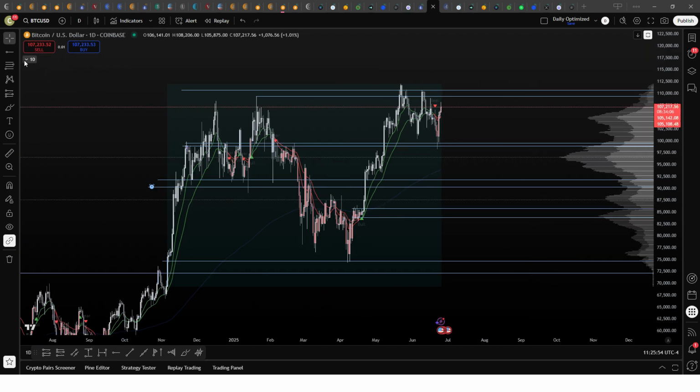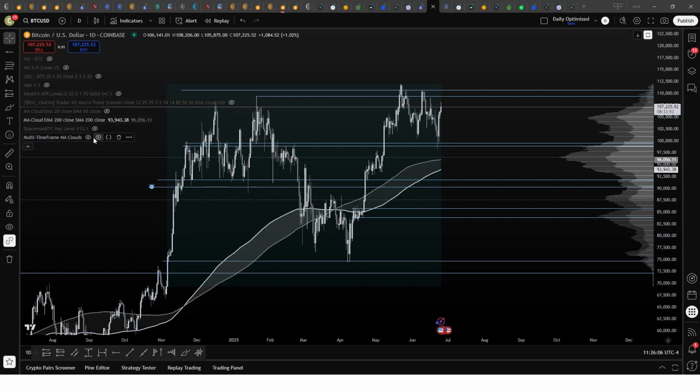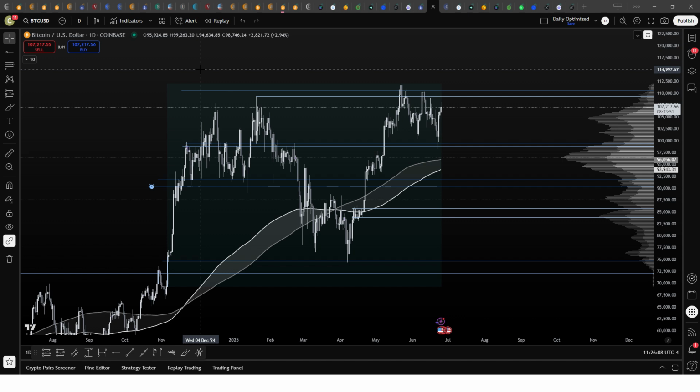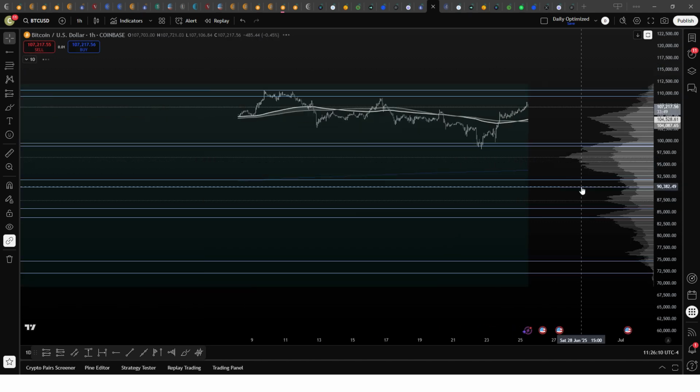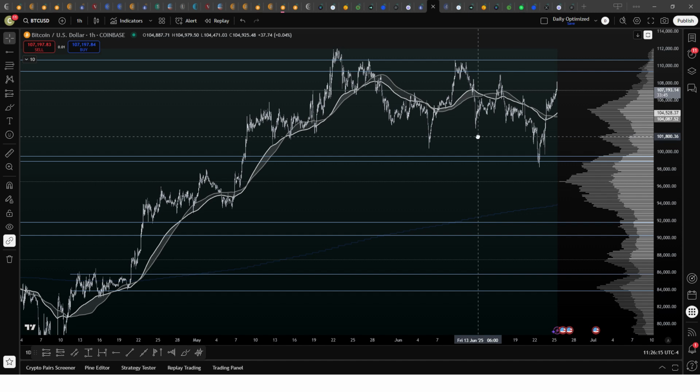I like to have all of them on there. I love to think about what other people are thinking. So if I know a lot of people are looking at the 200s, and the 1 hour 200s is actually the same as my 4 hour 50s, just math.